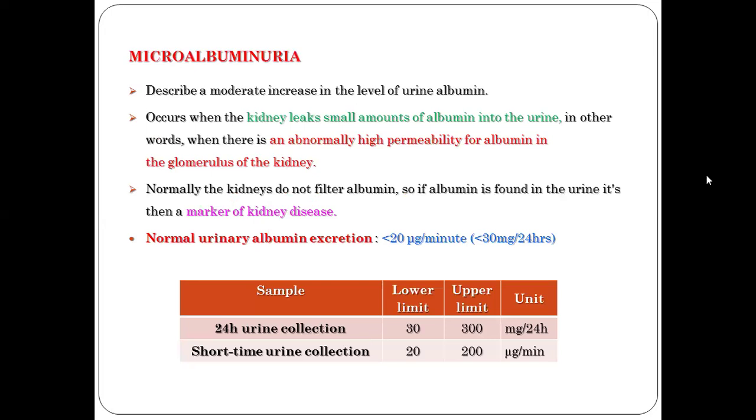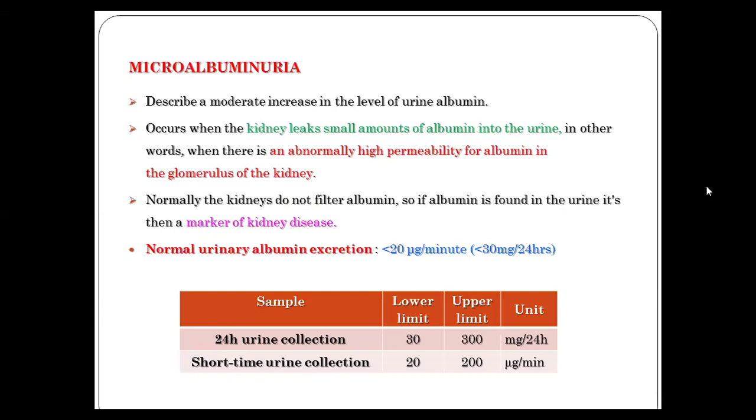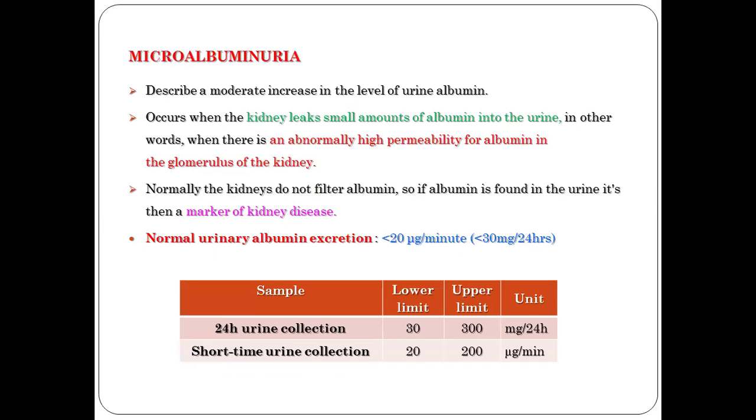Microalbuminuria describes a moderate increase in the level of urine albumin that occurs when the kidney leaks a small amount of albumin into the urine. In other words, when there is an abnormal high permeability of albumin in the glomerulus of the kidney.